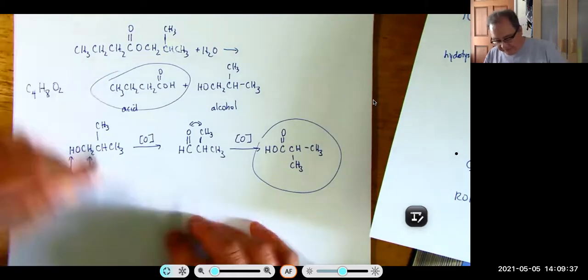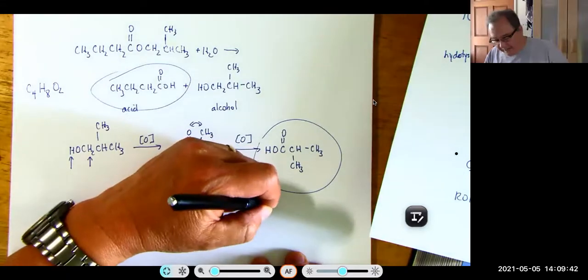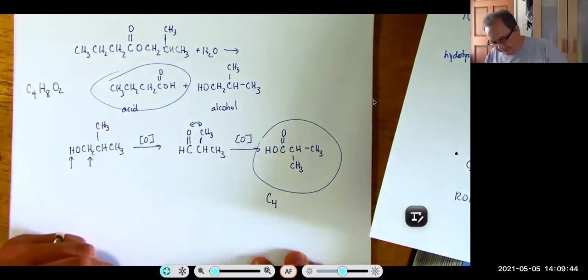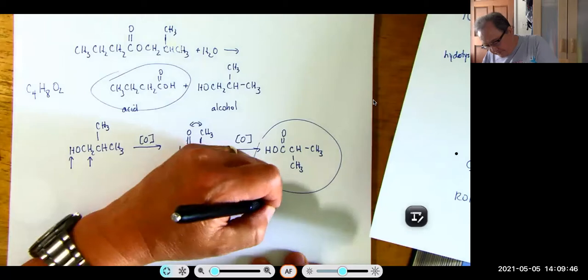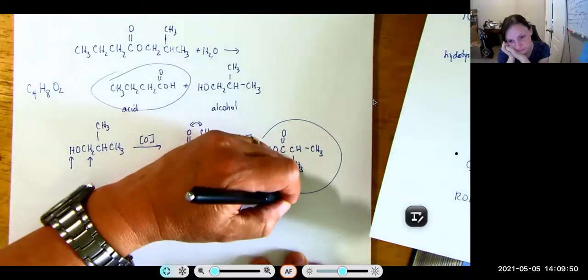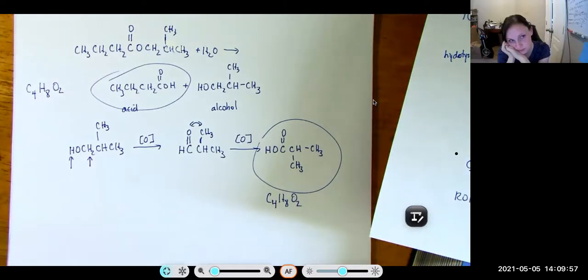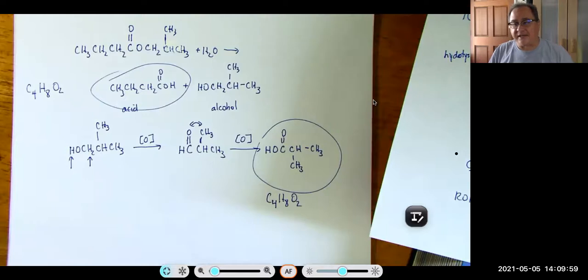How many carbons? 4. How many hydrogens? 8. How many oxygens? 2. Are they connected together the same way? No. Justify that they're not connected together the same way.